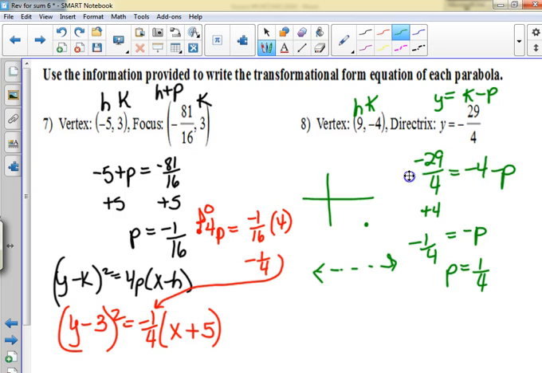Oh, when I added 4, I needed to add. Somebody help my math. Okay, -29/4 plus 4 is 16/4, which is -13. Is that right? Fourths. So this is 13 fourths. Wow. That's a long distance, isn't it, for p? Usually p is really tiny. All right.